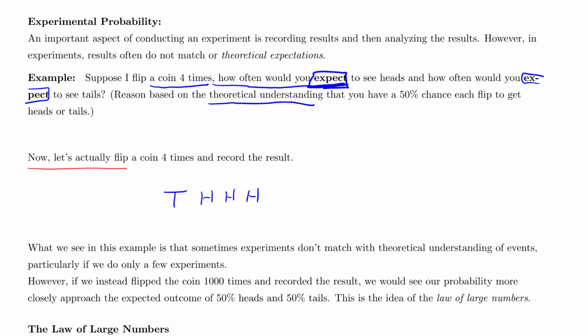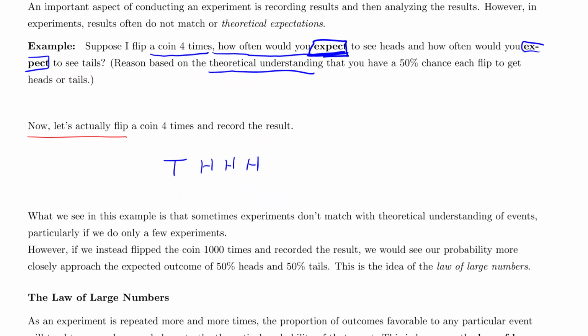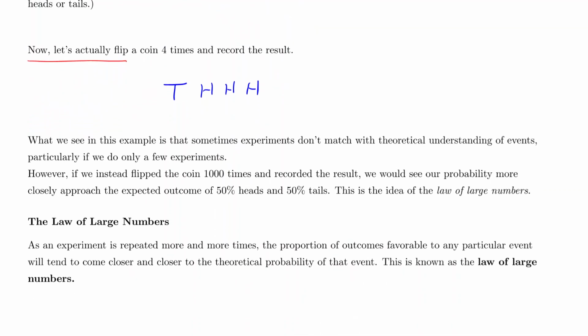You might have gotten 2 tails and 2 heads, but not all of us would have gotten exactly a 50% chance of heads or tails in this experiment when I flip 4 times. Some of you might have gotten tails, tails, heads, heads. It depends, right? And that's the whole point of experimental probability.